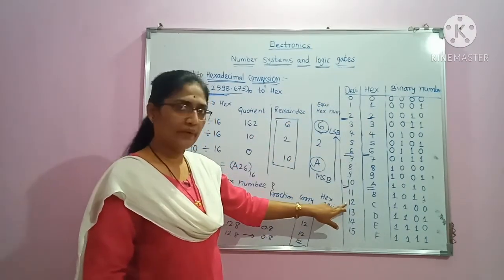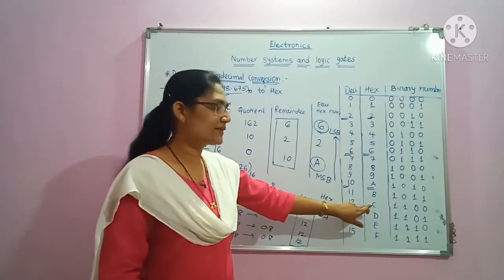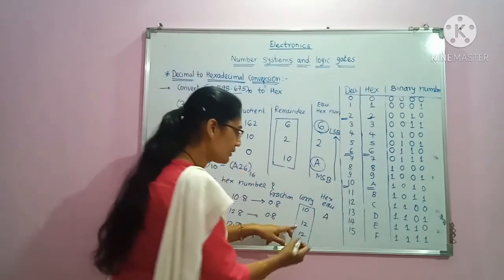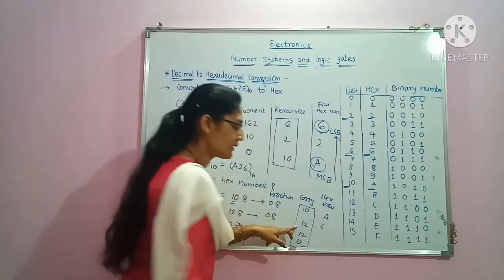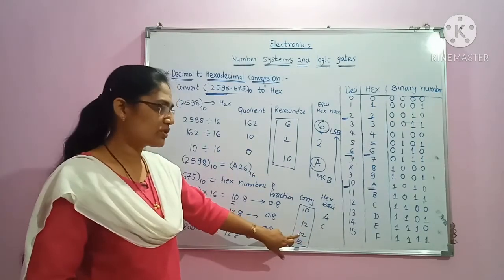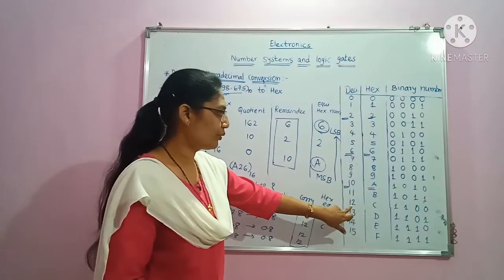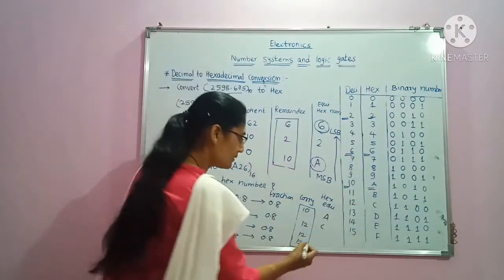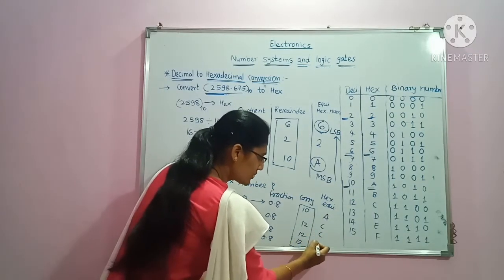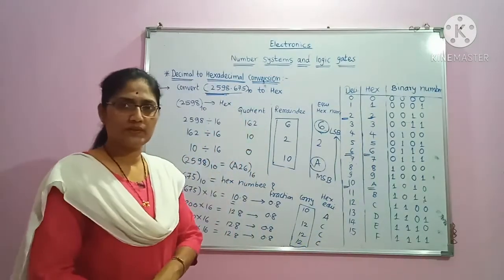Its equivalent hexadecimal is C. So instead of 12, I have to write C. Again my number is 12, so it represents a C. Again for this 12 there is also a C.